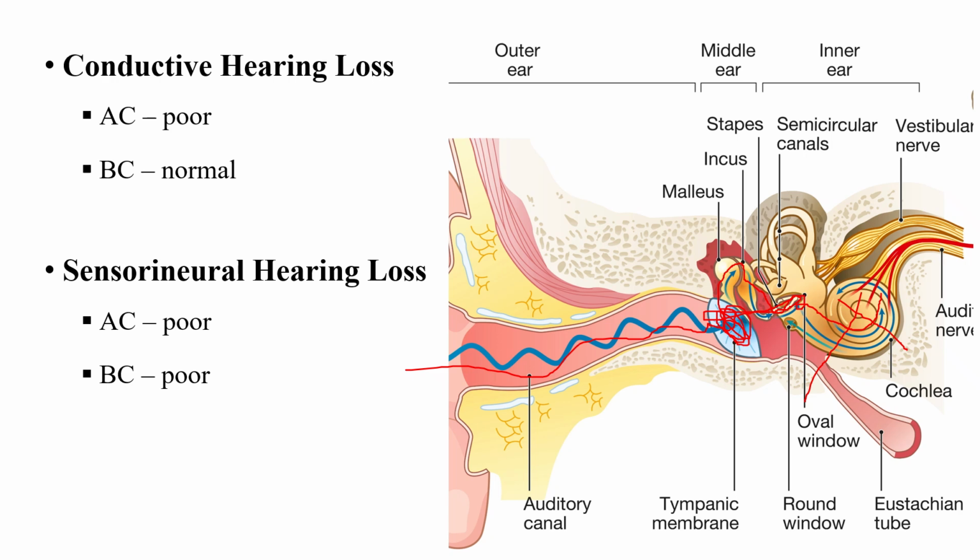For bone conduction, as the bone vibration directly stimulates the cochlea and then the eighth nerve, and as the cochlea is affected in sensorineural hearing loss, bone conduction will also be poor. So in sensorineural hearing loss, both air conduction and bone conduction will be poor.